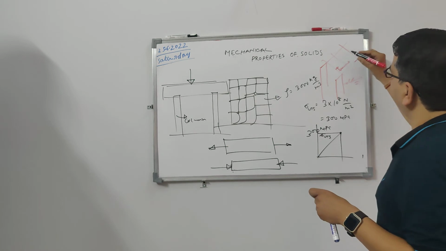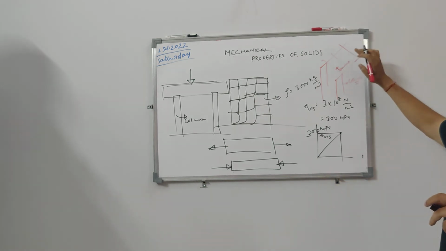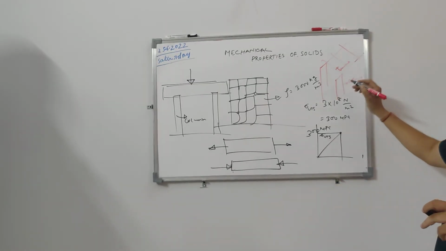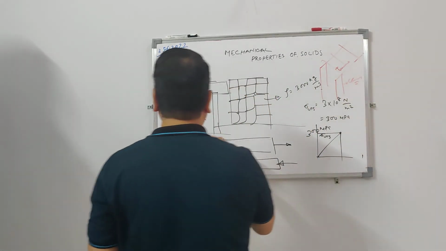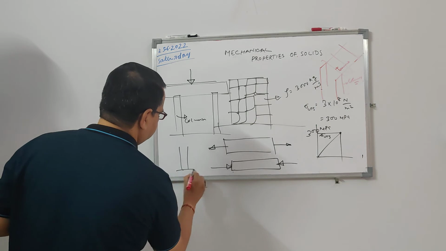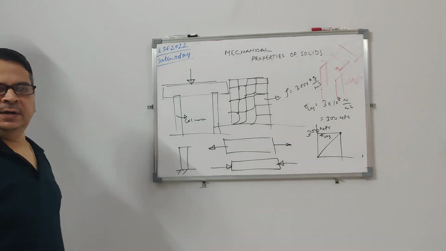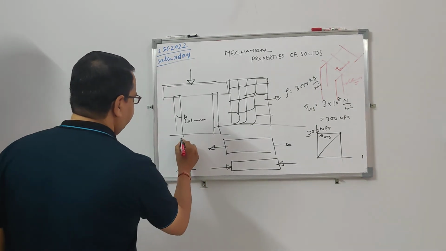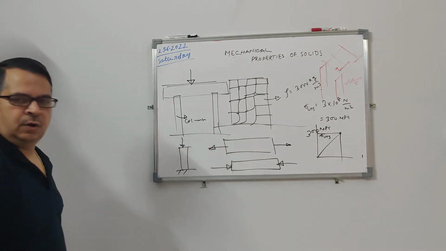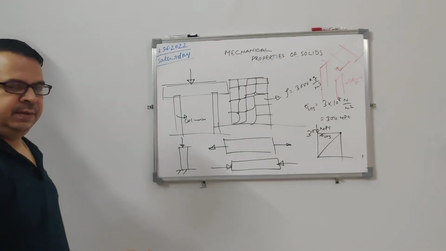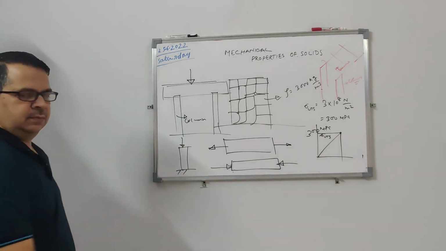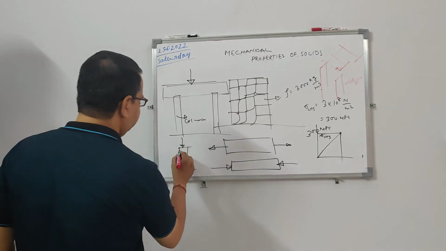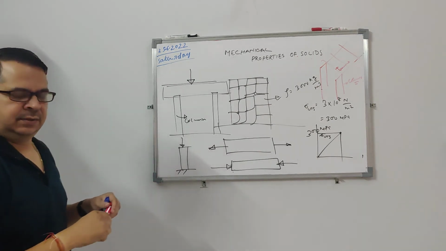The weight of the roof and the weight of the beams will finally get transferred to the ground through these columns. If you draw the free body diagram of this column, it will be subjected to a compressive load from the beam and the roof. These beams are made of concrete.